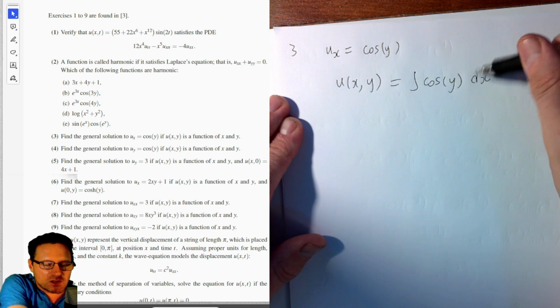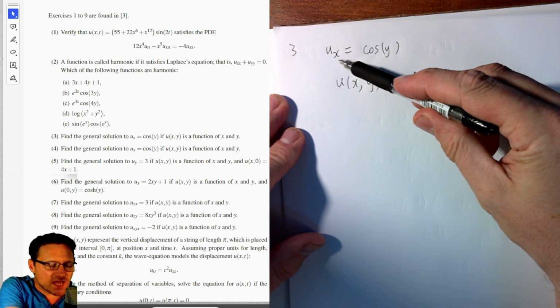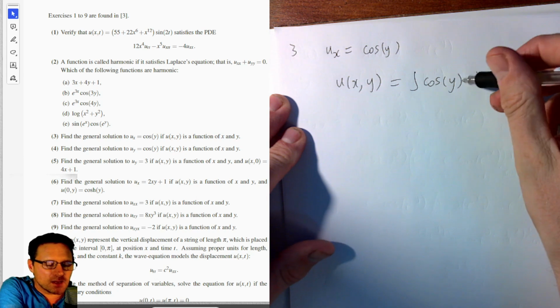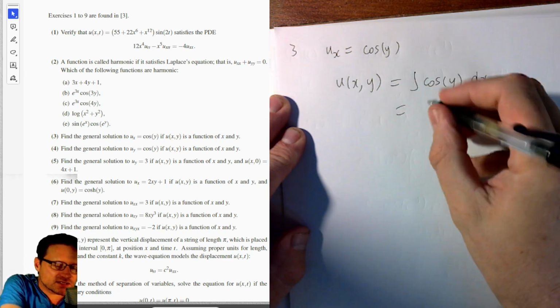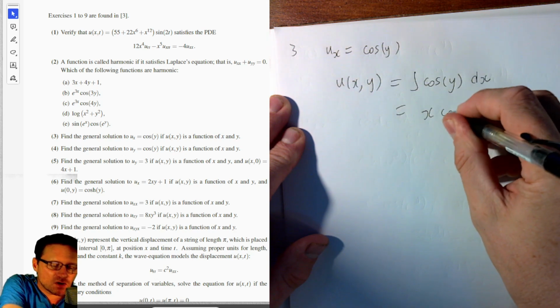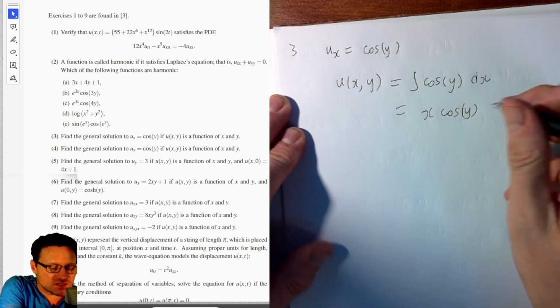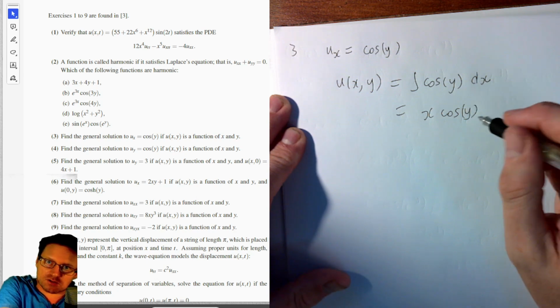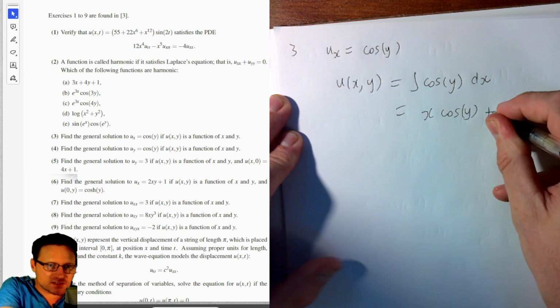I write an ordinary looking d, but it's a partial integral because we had a partial derivative here. Okay, and so integrating this, we have x cos of y. We are treating this cos of y as a constant. And so the integral of k is just kx, but then we need a plus c.